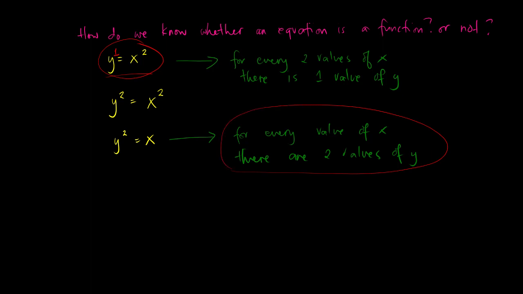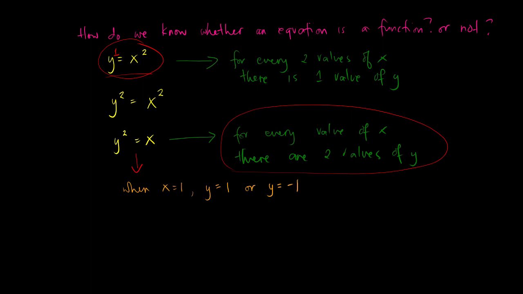You see, if I were to write this as a set of ordered pairs, then I would have, when x is equal to 1, what's the value of y? y equals 1. Or, y can be negative 1.